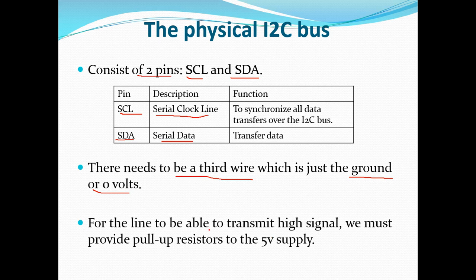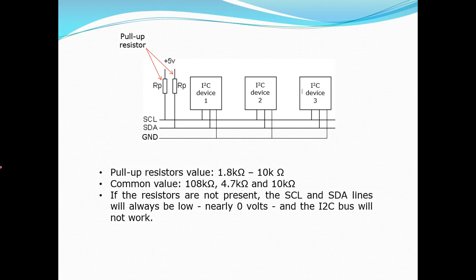For the line to be able to transmit a high signal, we must provide a pull-up resistor to the 5V supply. You must have a pull-up resistor. I think you already covered it in electronic devices. So that whenever you run, you will have a solid 5V to your I2C devices. Here you have the I2C bus with device 1, device 2 and device 3.